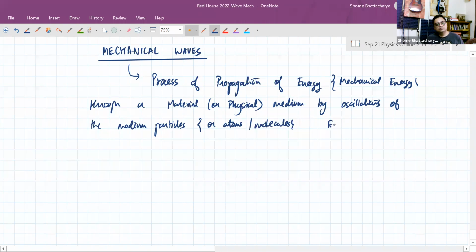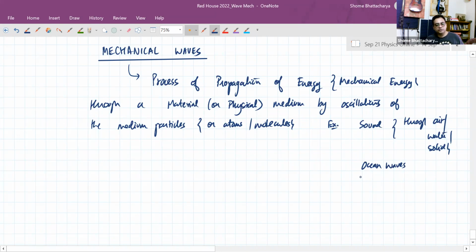So the biggest examples of this you can think of are sound, whether it is propagating through air, water, liquid, or through a solid. Sound can propagate through rocks and all that also. So that's one very important example. Another is ocean waves, which are a surface phenomenon.